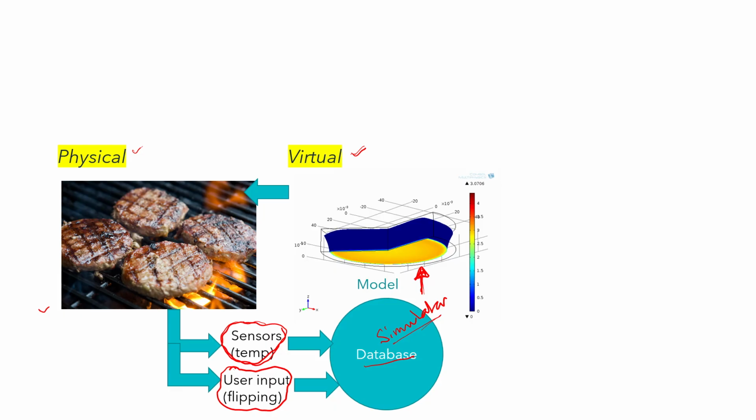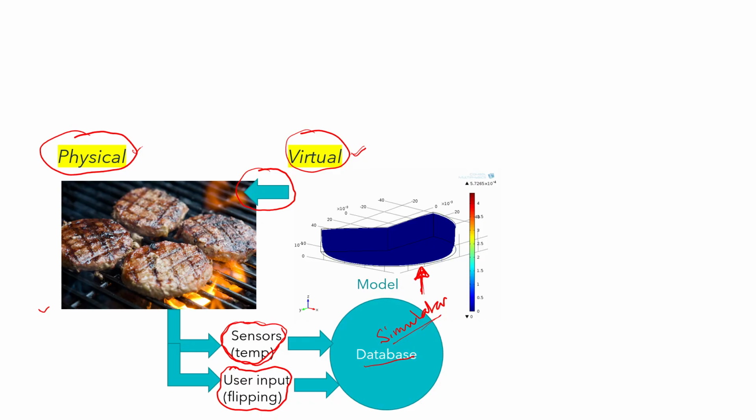It is this connection that is absolutely needed for digital twins. So the virtual and physical need to be connected together to make it a digital twin. As I said, these are very quick intros. There are papers on digital twin and on food in particular, especially from my Belgian colleagues, and you can look them up.